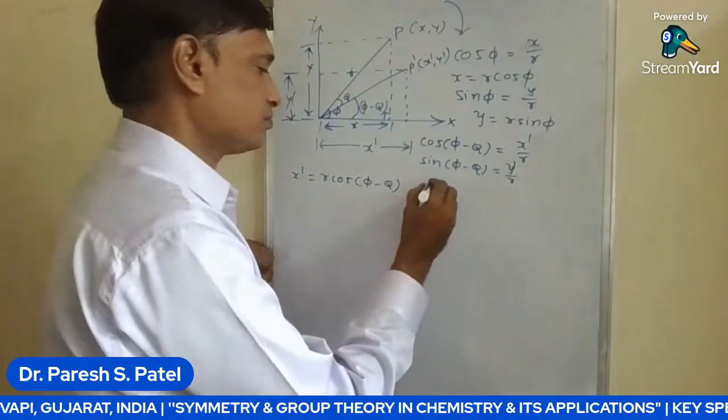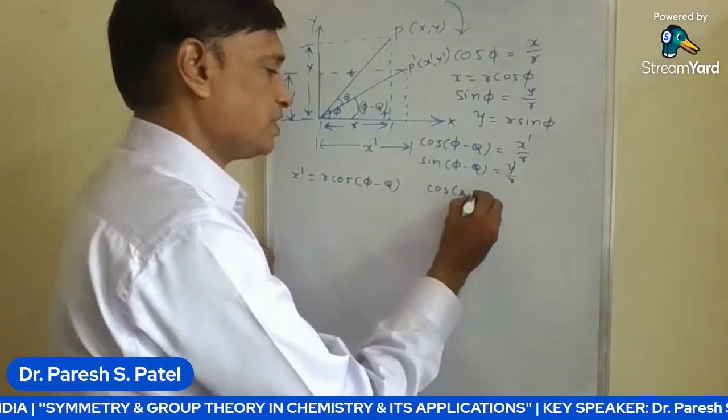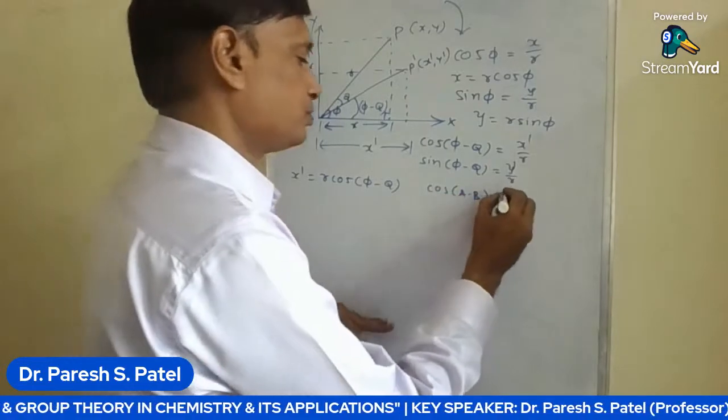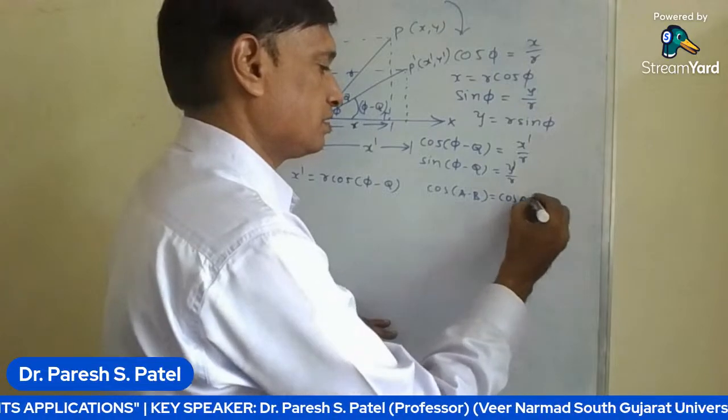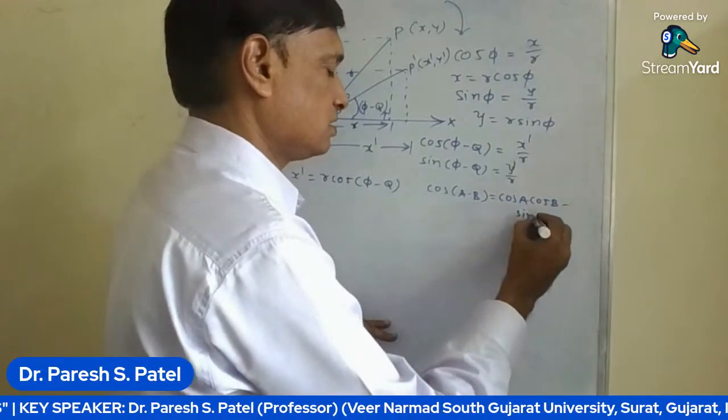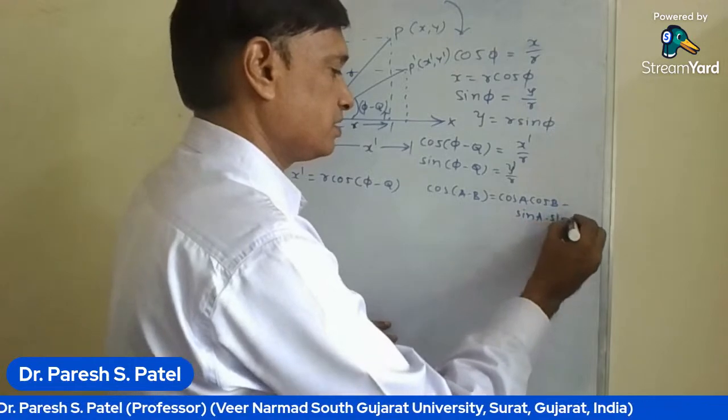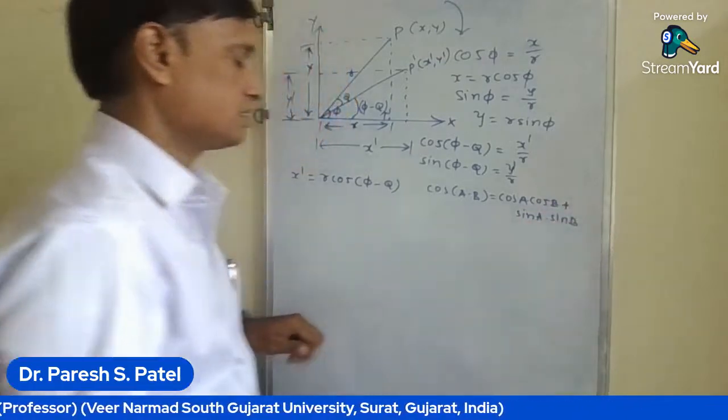We know that cos(a minus b) is equal to cos a cos b plus sin a sin b; it should be plus.